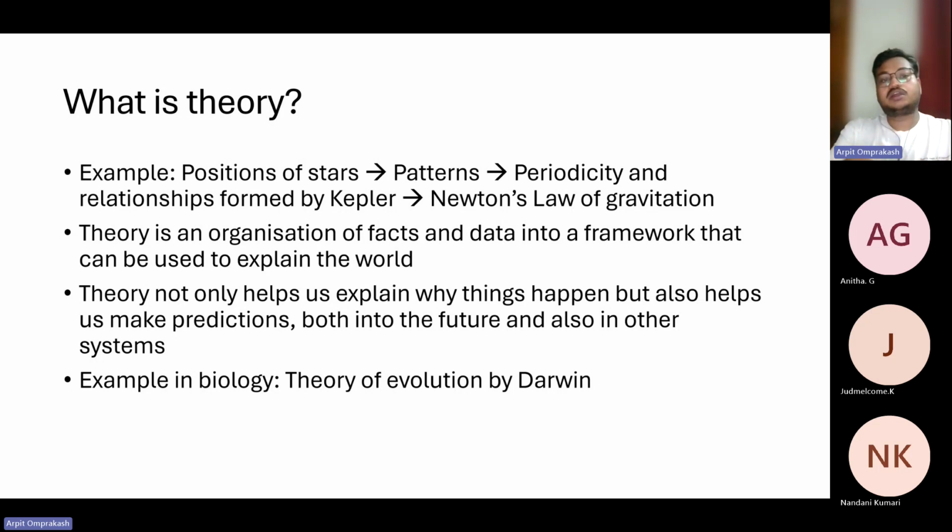So theory not only helps us to explain the world, but it also helps us to make predictions, both about what will happen in the future and also about systems that are similar to this. So, for example, Newton's law of gravitation helps us predict the future movement of planets.